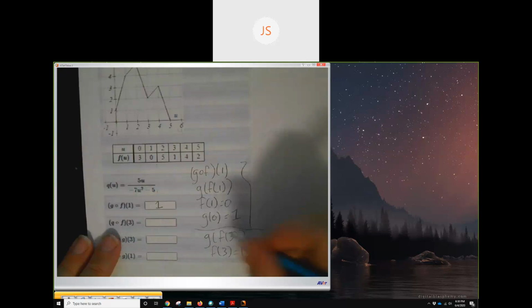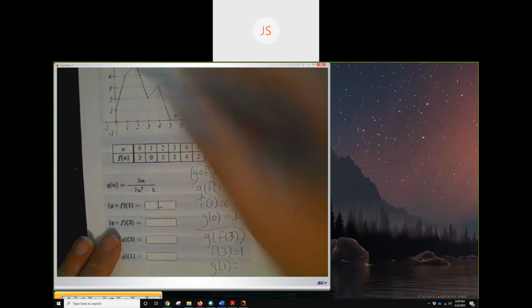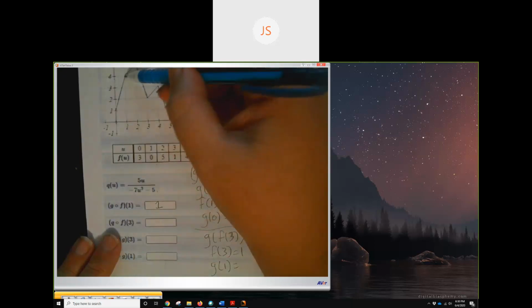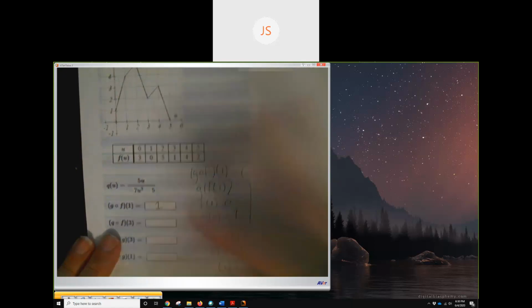Since I know that F of 3 is 1, I can replace this F of 3 with 1. Now, G was my graph again. So G of 1 is 4. Oh, that was Q. I copied it down wrong. Q.